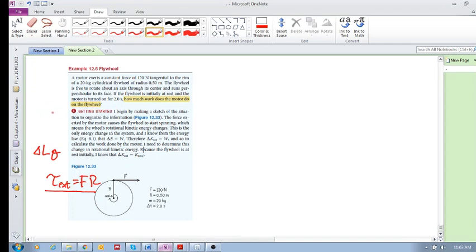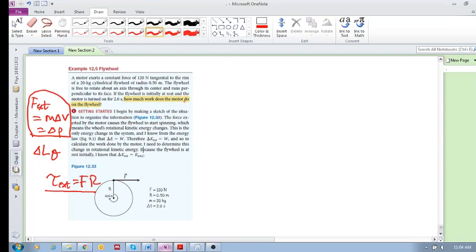In the same way that when you had an external force, you had a change in your momentum, delta P, in a linear way. Remember, that was linear. So keep that in mind as we look at this.